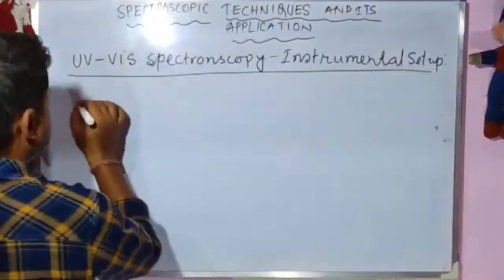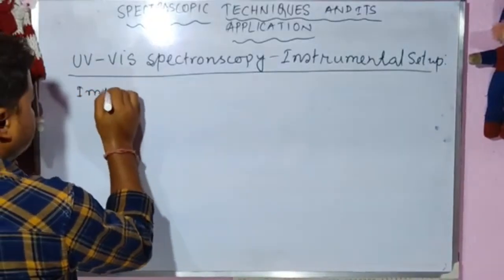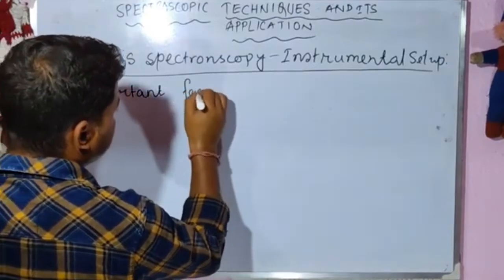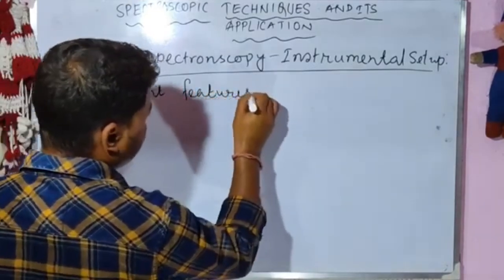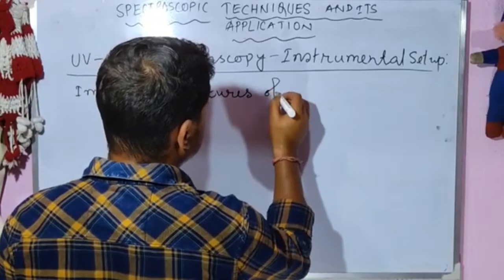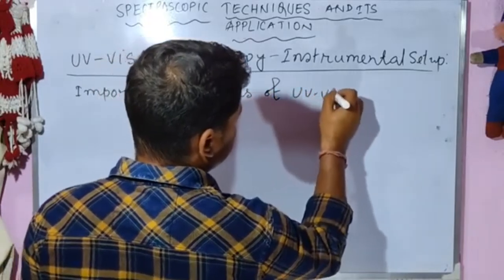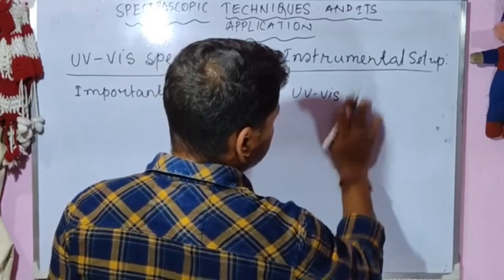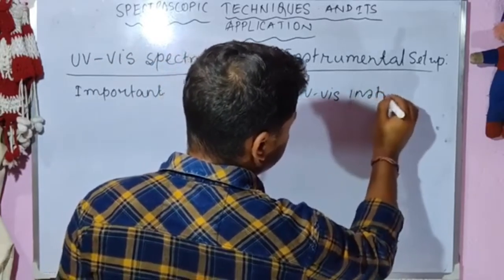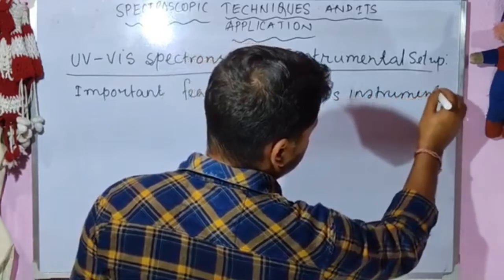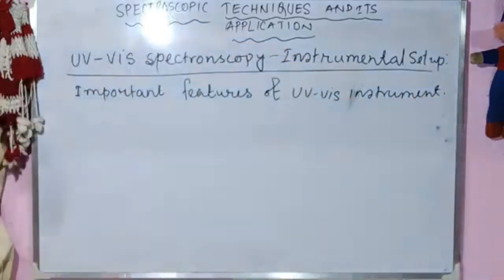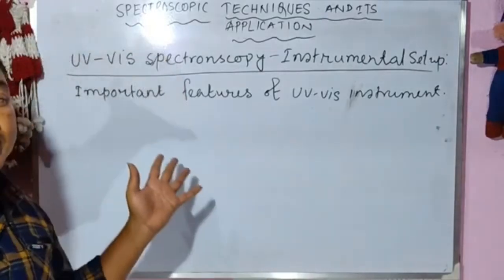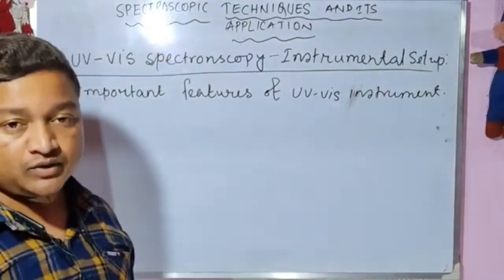Now the important features of the UV visible instrument. In the UV visible instrument, two light sources are used.